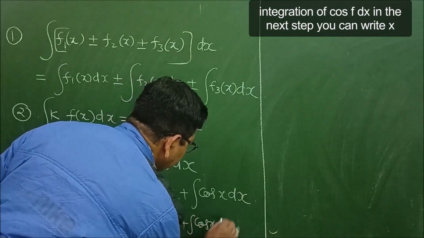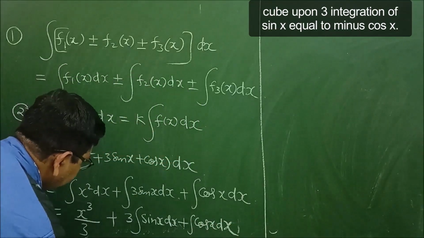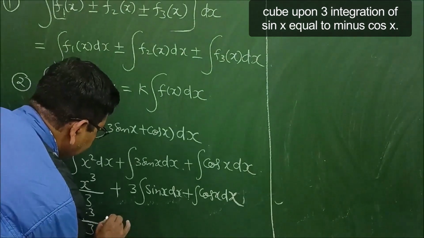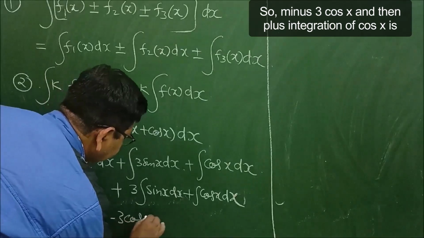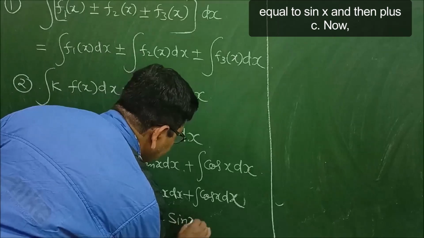In the next step you can write x cube upon 3, integration of sin x is equal to minus cos x, so minus 3 cos x, and then plus integration of cos x is equal to sin x and then plus c.